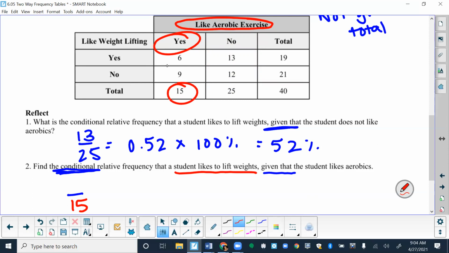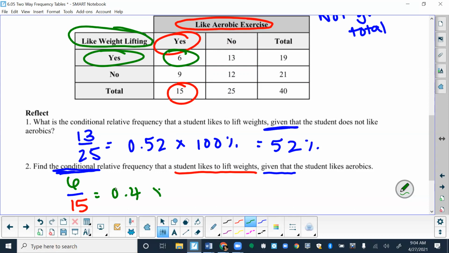So 6, and I'll do a different color, for weightlifting. Yes, they do like weightlifting. That intersects with this column, if that makes sense. So 6 out of 15, what is that decimal? Times 100% would be what?